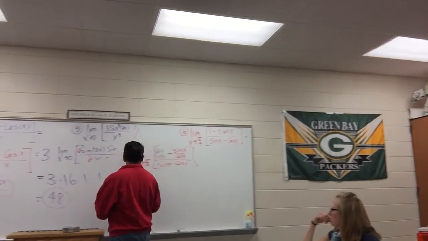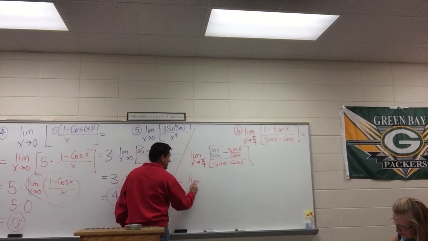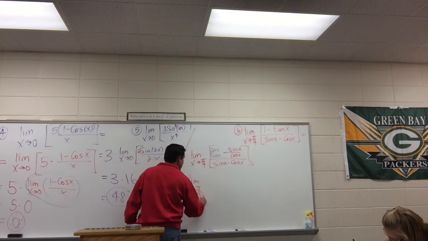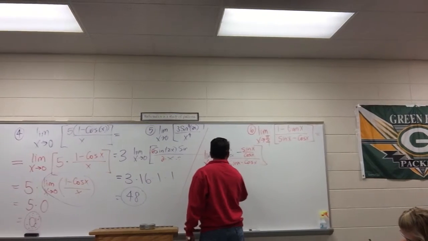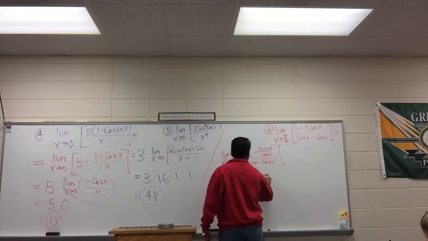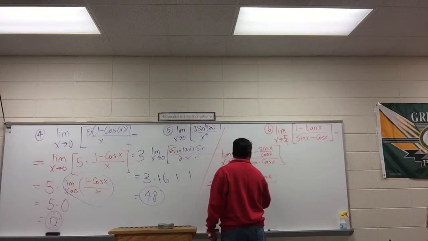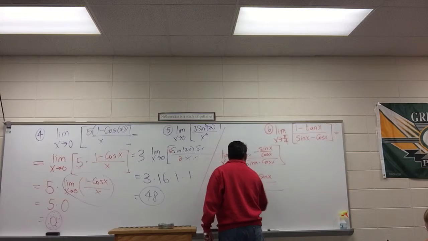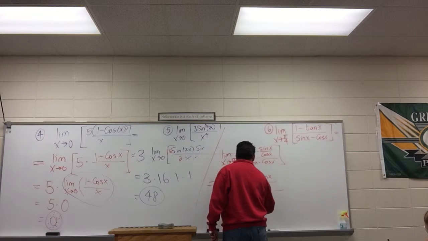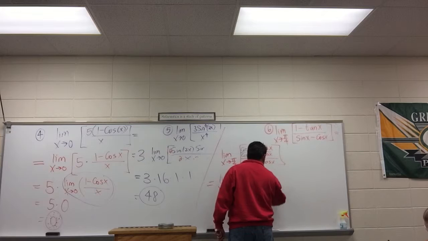And then this is going to get me limit as x approaches pi over 4 of cosine of x minus sine of x over cosine of x, over sine of x minus cosine of x.